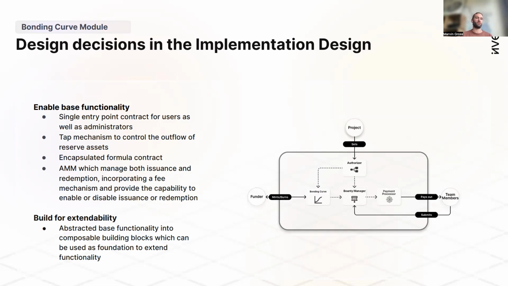And then of course the building block needs to have a market maker in itself. And our aim is to build for extendability, so that we build abstract base functionalities into composable building blocks which can be used as a foundation to extend functionality.